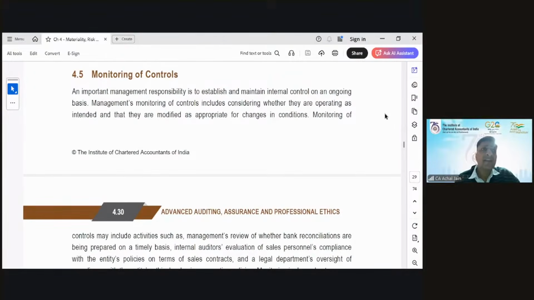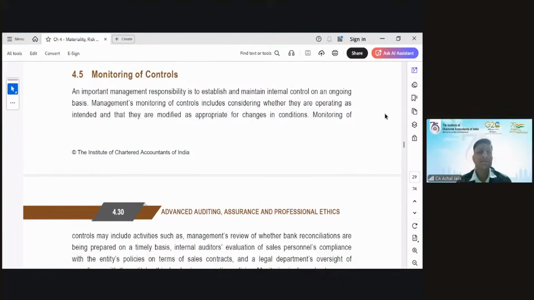Now, this is again a very important part. See, as a management, it's not about just putting the system in place. It is also about ensuring that the system which has been put in place is functioning, is operating in an effective manner. Because otherwise, what is the use of that system? Yes or no? So that's why it's again a very important consideration on the part of the management.